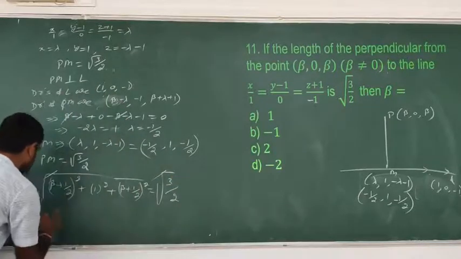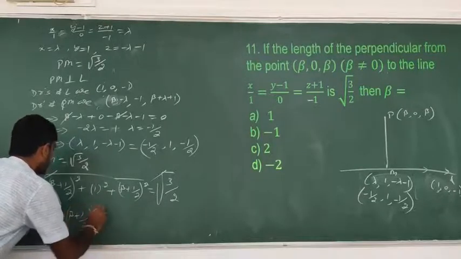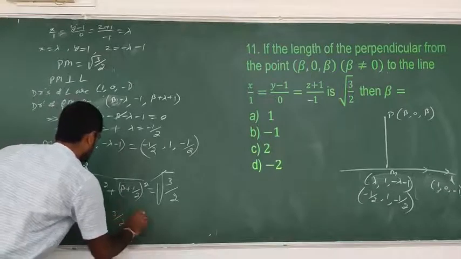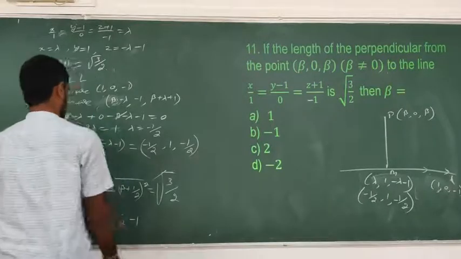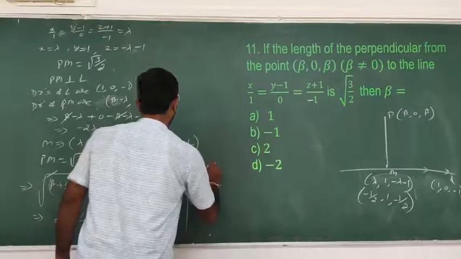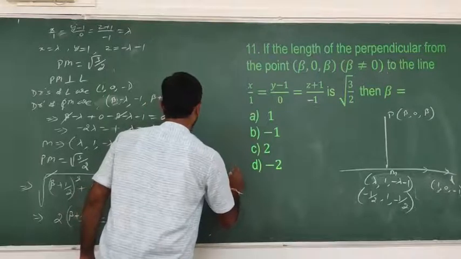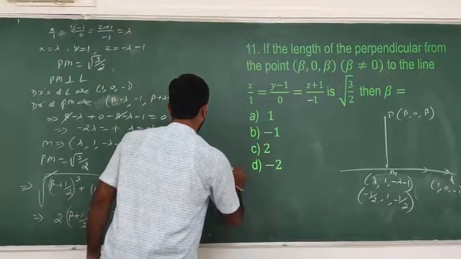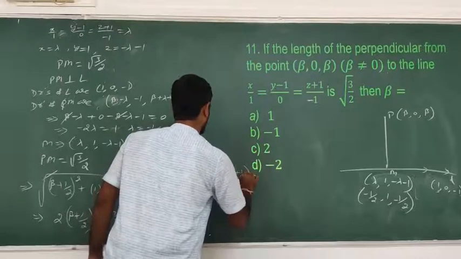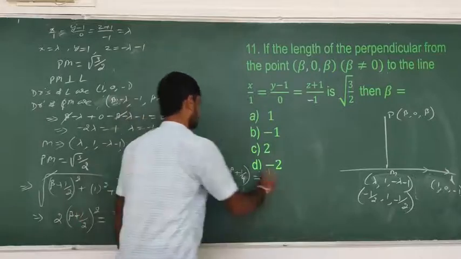So this implies that 2 into beta plus 1/2 whole square is equal to 3/2 minus 1. Sending this 1 to the other side, it becomes minus 1. So then 2 into beta square plus 1/2, expanding, 1/2 into 2 into beta plus 1/2 whole square, 1/2 whole square is 1/4, is equal to 3/2 minus 1, which is 1/2.